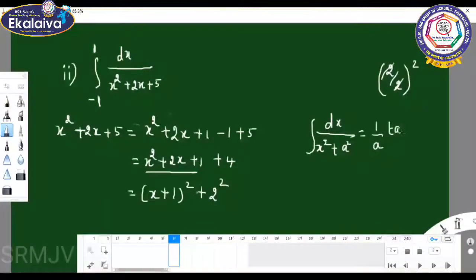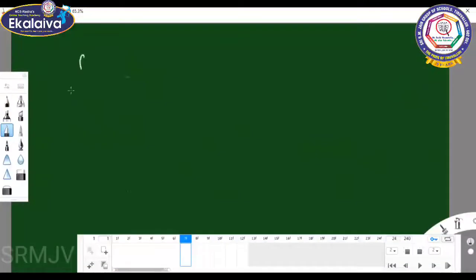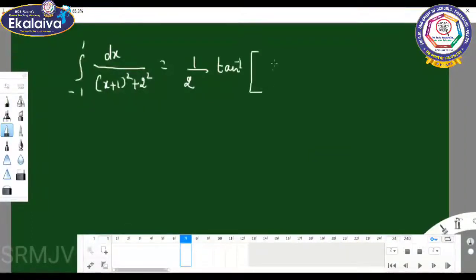See, integral minus 1 to 1 dx by x plus 1 the whole square plus 2 square equals 1 by a, which is 1 by 2 tan inverse of x plus 1 by 2.